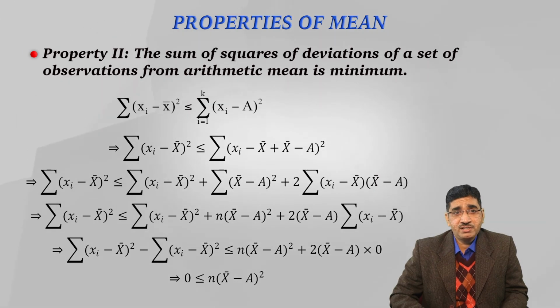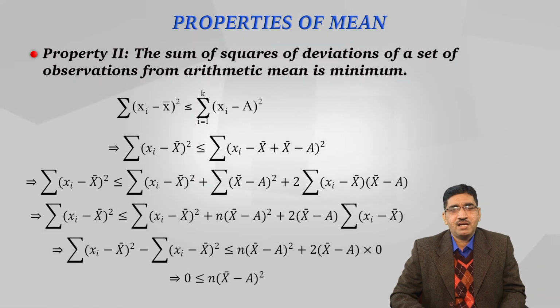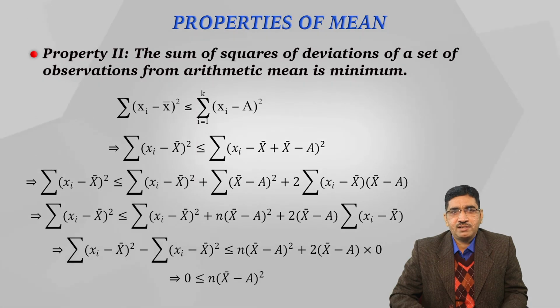So the same quantity will cancel and it will become 0. So on the left hand side it is 0, and on the right hand side only n times (x bar minus a) square remains, that is a positive quantity, because x bar minus a is the difference of two constant quantities, and a square term will always be positive.